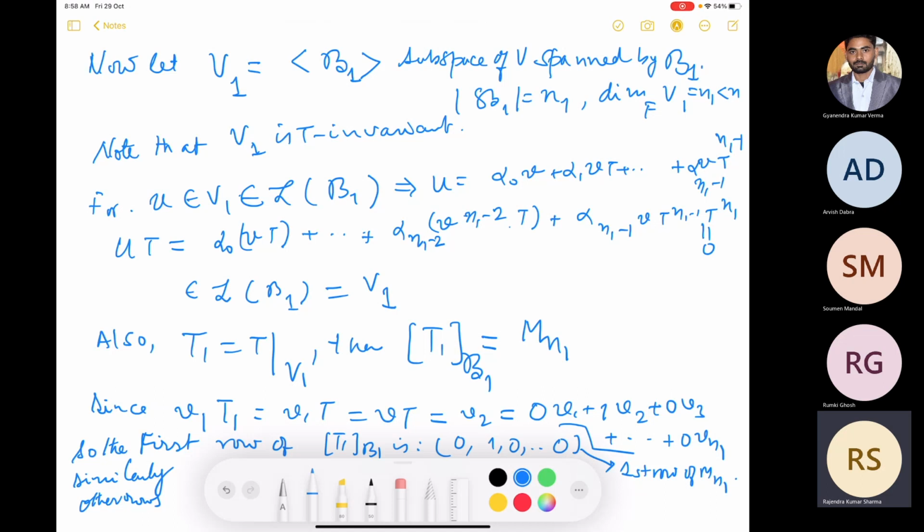So what we see here is that the matrix of T1, where T is restricted to V1, has first row 0, 1, 0, 0, and so on.